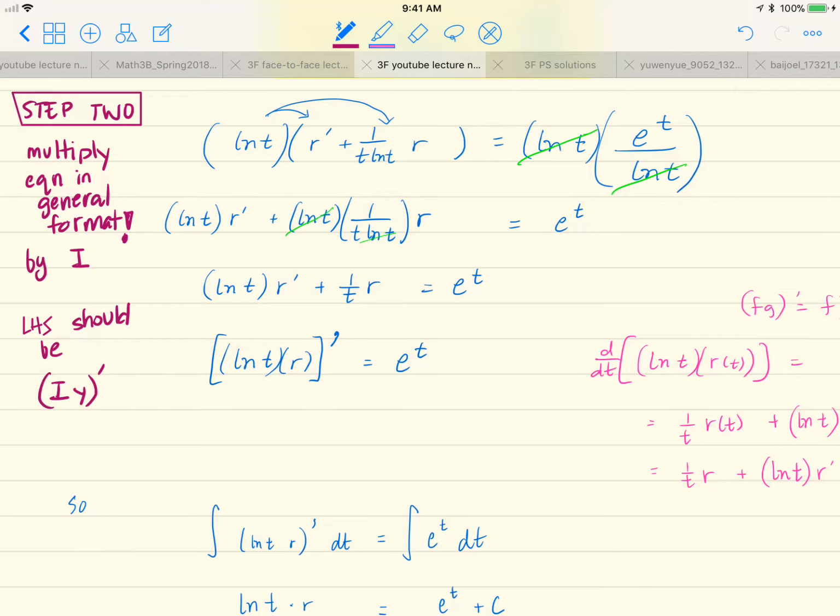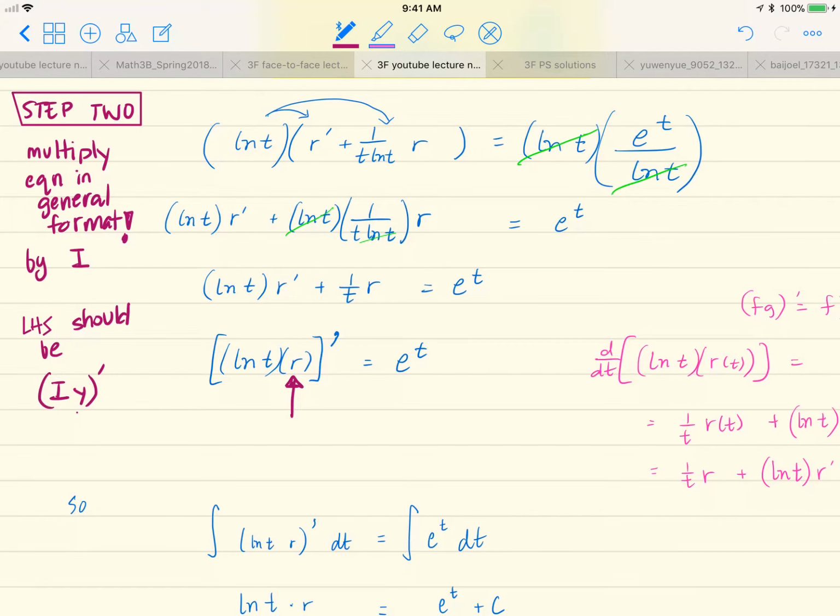Now again here, our unknown is r, but I'm just using y because that's the typical unknown. So the left-hand side, after you multiply, should be equal to I times y prime.